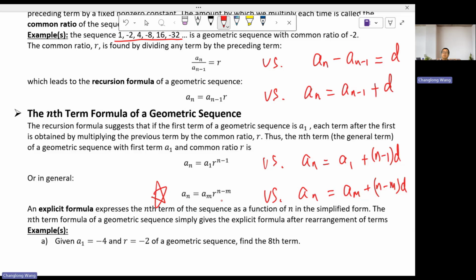The same thing here. Keep multiplying the common ratio, but only for that many times. And the number of times of the common difference, or the number of times of the common ratio, is actually the power. When I say multiply for that many times, it's actually raising the common ratio to the power. That's the difference between the two indices.